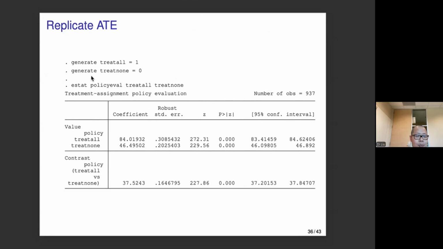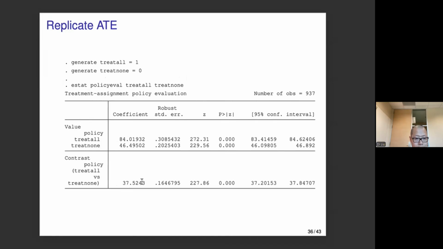Let's create two different policies. The first one is treat everyone, so treat all equal to 1. The second policy is treat no one, so treat none equal to 0. Then if you do the computation in policy evaluation, comparing these two policies, this is the value of the first policy, and this is the value of the second policy when it treats no one.